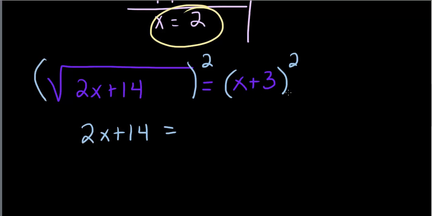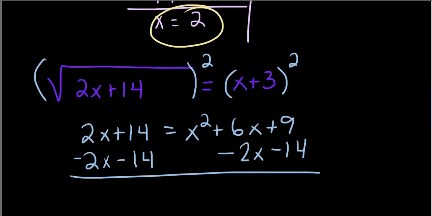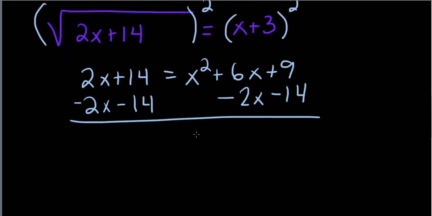You can either use FOIL or you can use the method we learned last semester, which means it is the square of the first term, plus the product of these two terms times 2, which is 6x, plus 9. And since we have a quadratic equation, we have to make everything equal to 0 because that is the way we solve quadratic equations. So we're going to subtract 2x and 14 from both sides, so we can factor after that and find the value or values of x that will make this equation true.